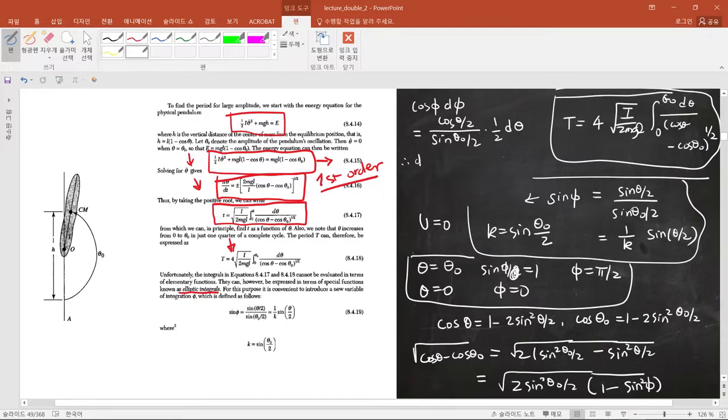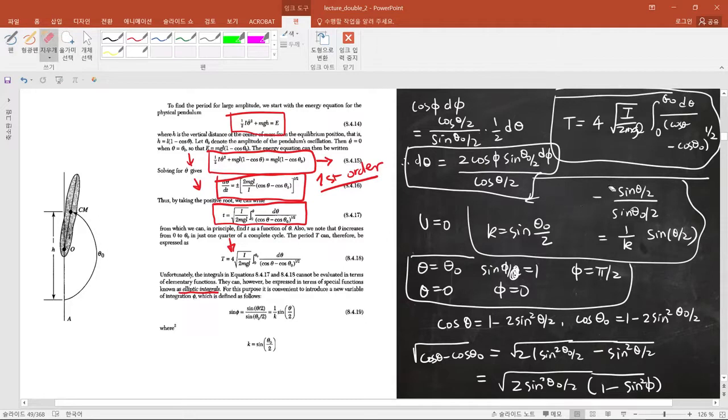Therefore, d theta should equal 2 cosine phi, sine theta 0 over 2, times d phi, over cosine theta over 2. That is just elementary consideration. So let's erase now here.